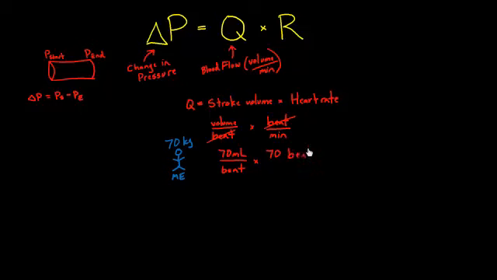I feel pretty calm, so it's not too fast. The beats cancel, and I'm left with 70 milliliters times 70 per minute. That's about 4,900 milliliters per minute, or if I simplify, about 5. So the flow is about 5 liters per minute.